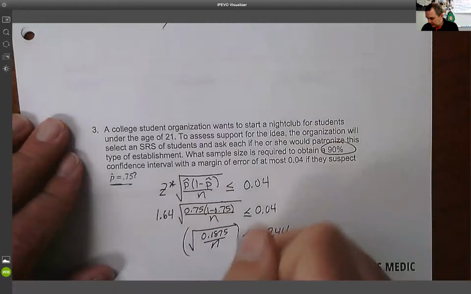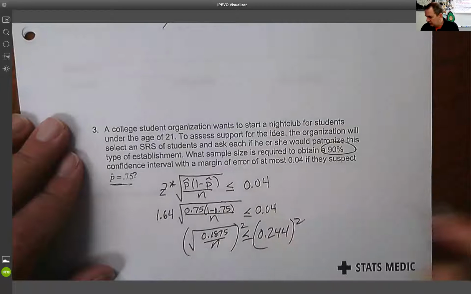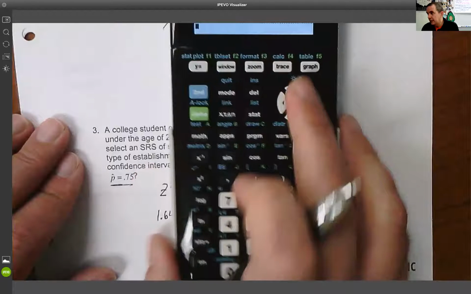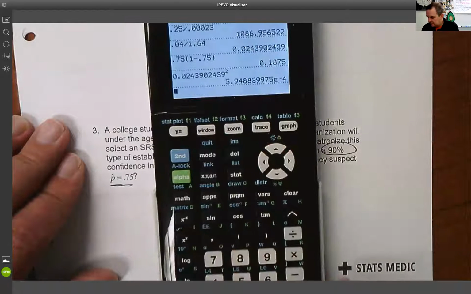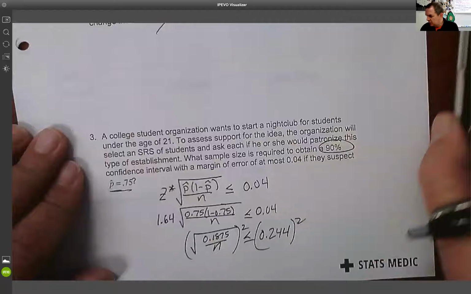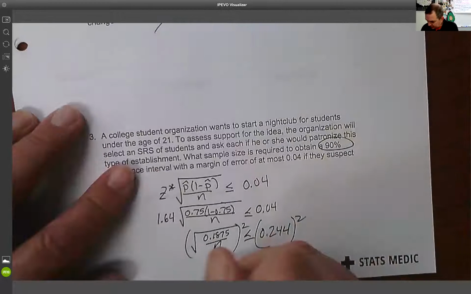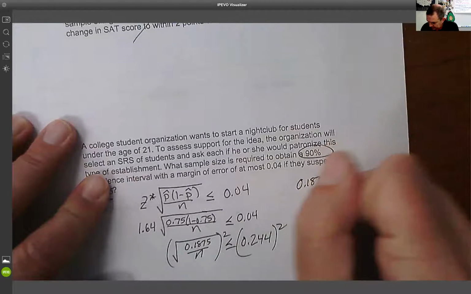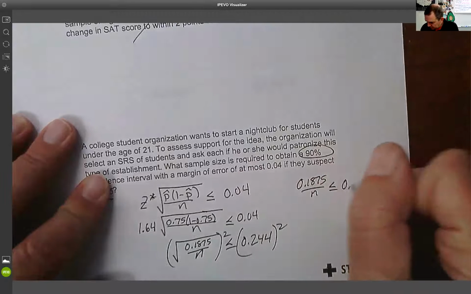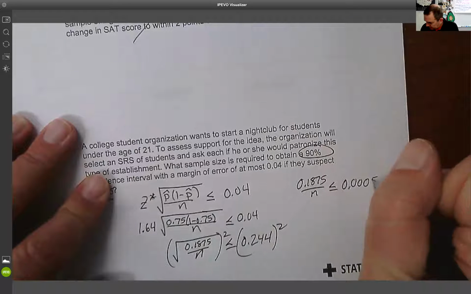I'm going to square both sides. So I'm going to square this number, 0.0244, and it's 0.00059. So this is going to be 0.1875 over n is less than or equal to 0.00059.